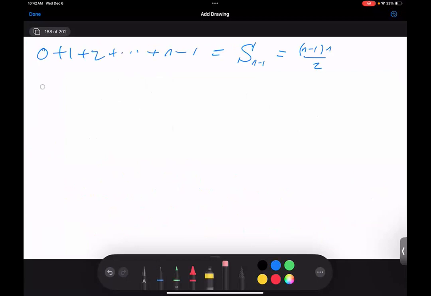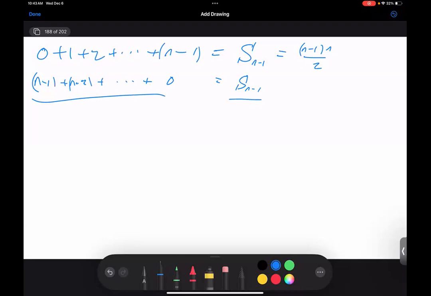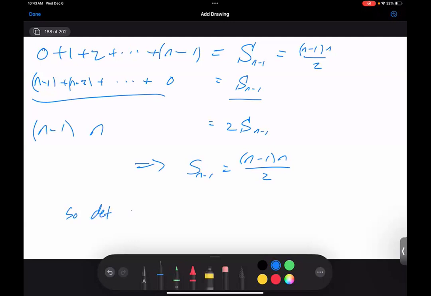One way you can see this is if you write the numbers backwards, then you get the same thing. And if you add, you'd get twice the sum. Each one of these would be n-1, and you would have them n times. So S_{n-1} is n-1 times n/2. So the determinant is of degree n-1 times n/2.